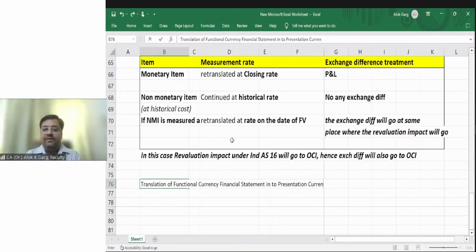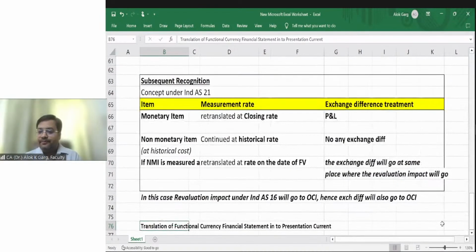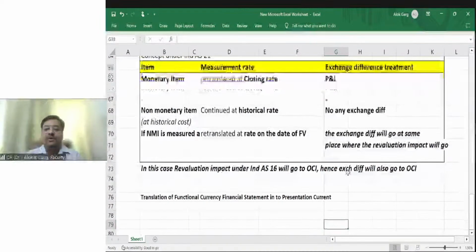For example, Infosys is a listed company in India as well as in USA. Although the functional currency of Infosys is INR, in USA it has to present its financial statement in US dollar.